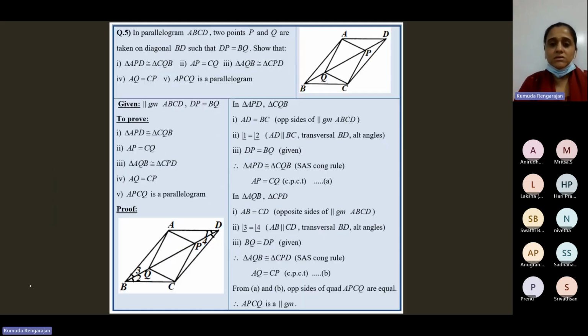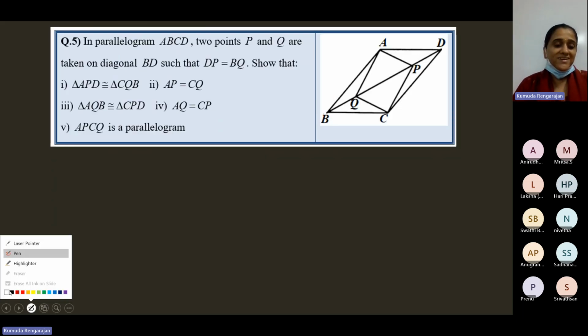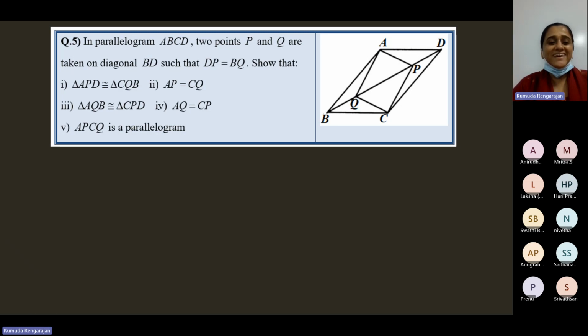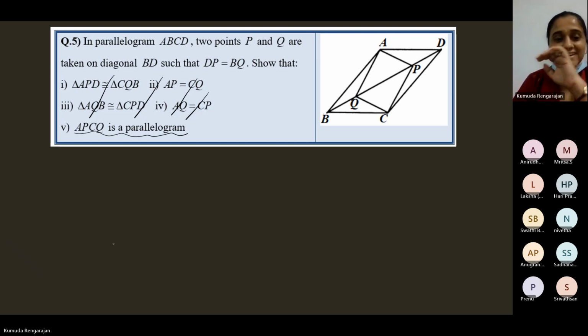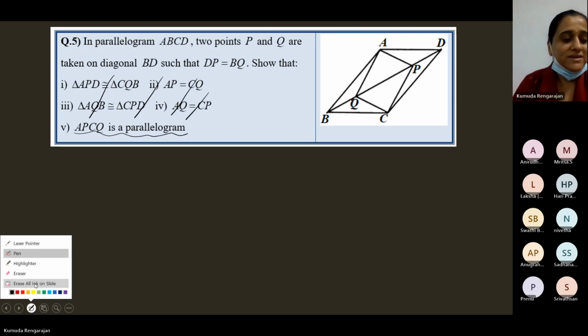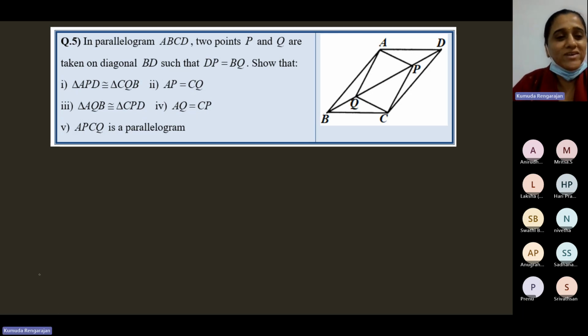See, children, don't adopt this method always, because supposing in the exam, they don't give you all this. They directly say, show that APCQ is a parallelogram. From now on, don't always look at the names of the two triangles and figure it out from this.